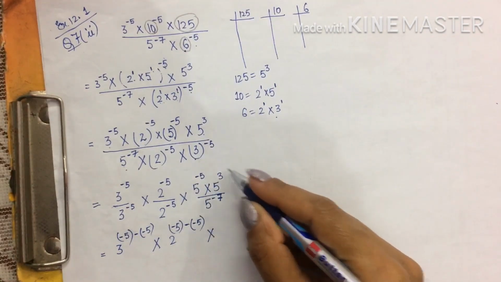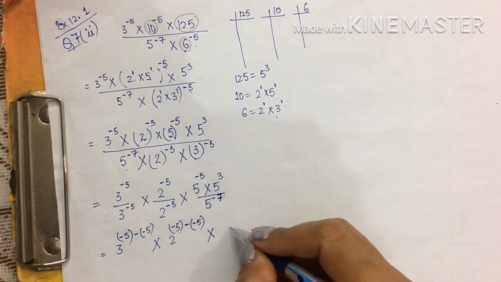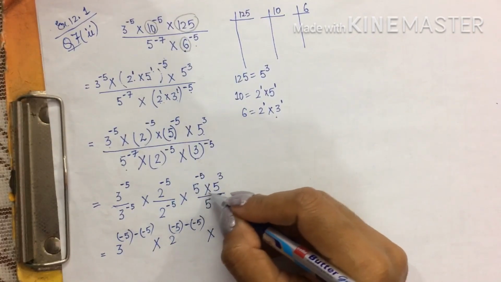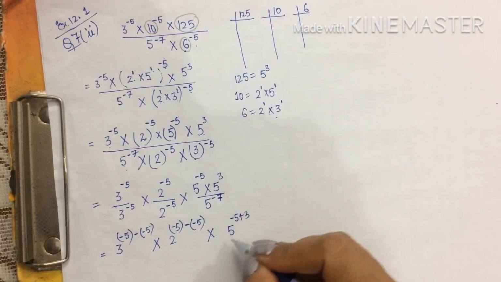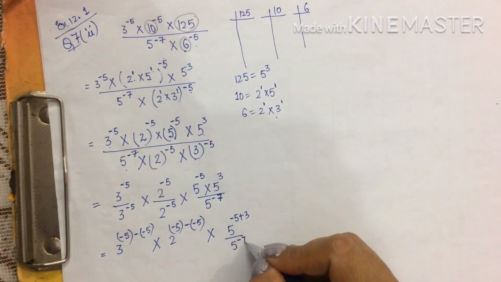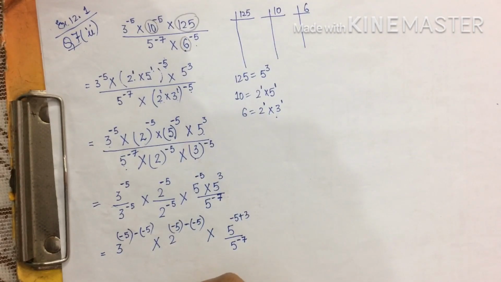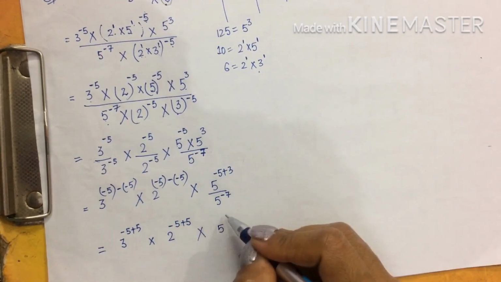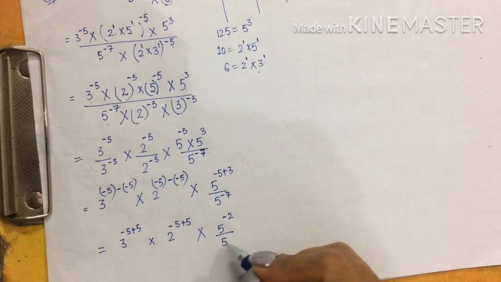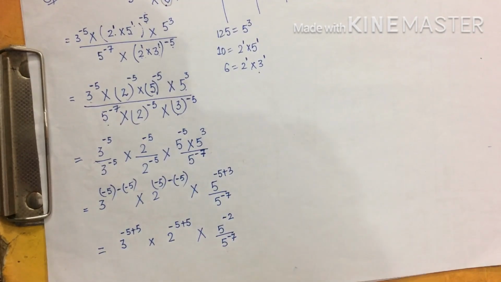For this one, I would like to simplify my numerator first. So the numerator, it's multiplication, same base, the powers will be added. In the denominator, I have 5 raised to the power minus 7. So this becomes 3 raised to the power minus 5 plus 5 into 2 raised to the power minus 5 plus 5 into 5 raised to the power minus 2 over 5 raised to the power minus 7.